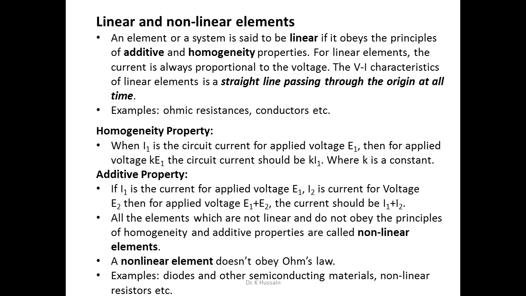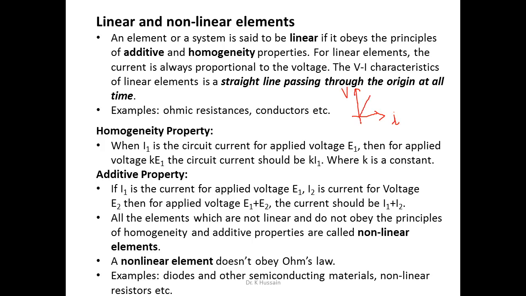So those are ohmic resistance, conductors, etc. If you are taking this VI relationship, this is I, and this is the voltage, so it should be passing through origin.